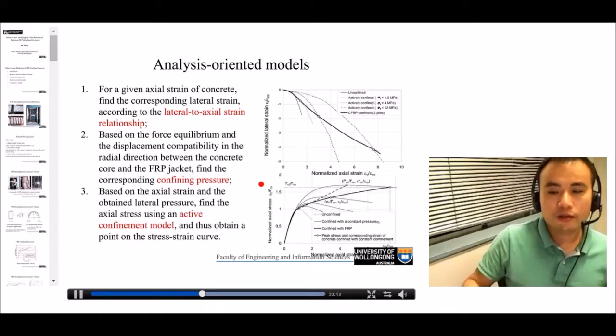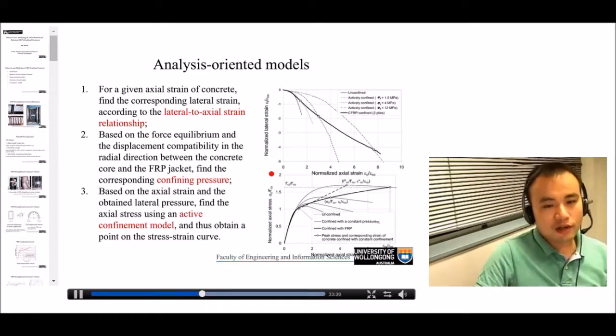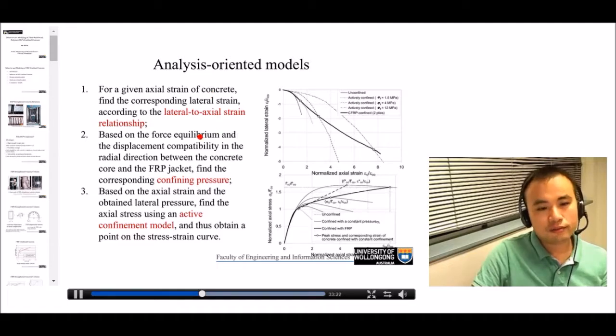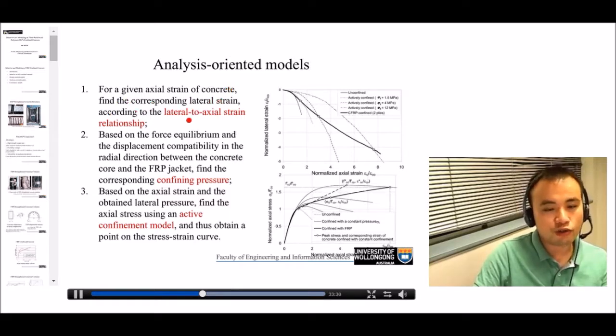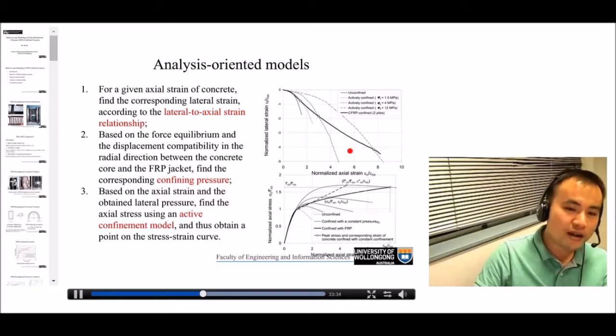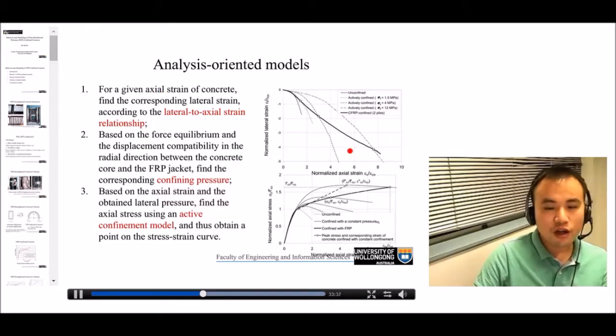Alright, with this in mind, this is how most analysis-oriented models work. The first step is, for a given axial strain of concrete, to find the corresponding lateral strain according to the lateral to axial strain relationship. Which means for one given axial strain, we need one equation for the lateral to axial strain relationship.